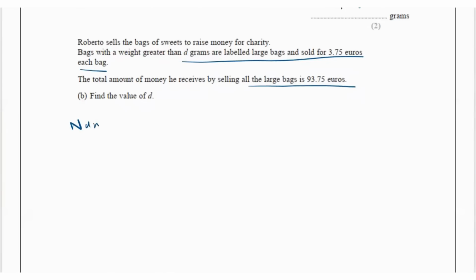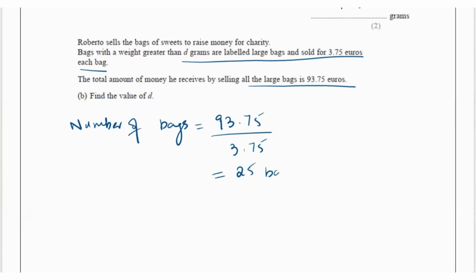The number of bags is 93.75 divided by 3.75, which gives us 25 bags.